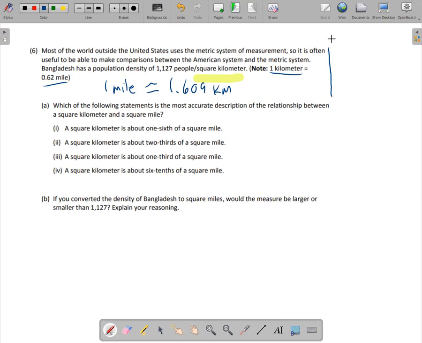So just to show a picture, if this square here is 1 mile by 1 mile, since a kilometer is 0.62 miles, I think 0.62 would be about here and there-ish. This right here inside would be a square kilometer.